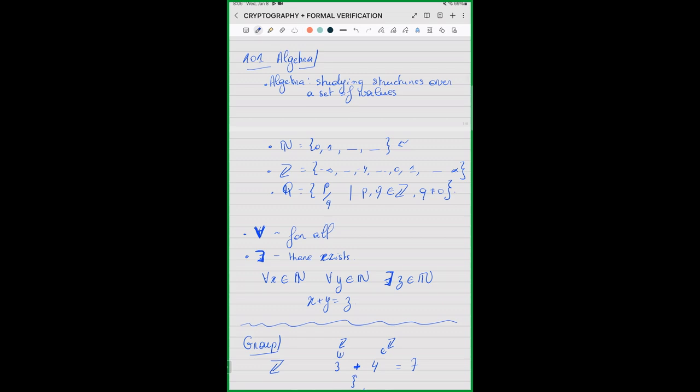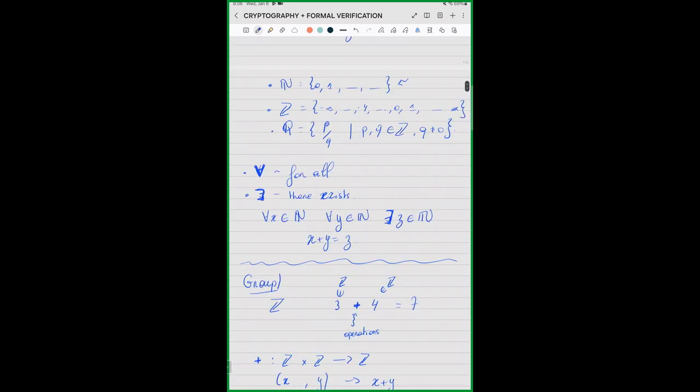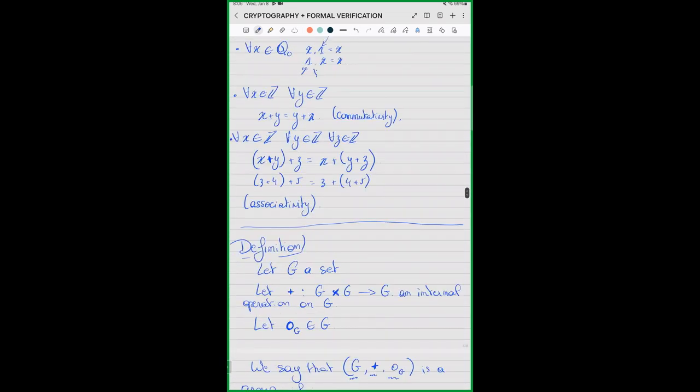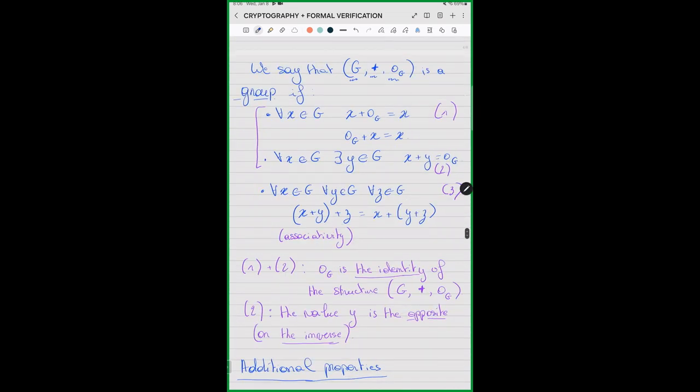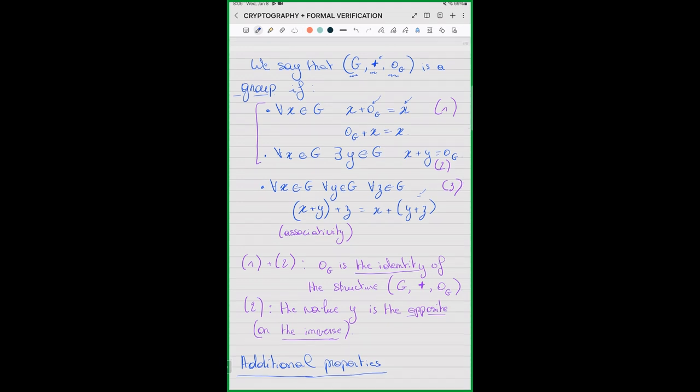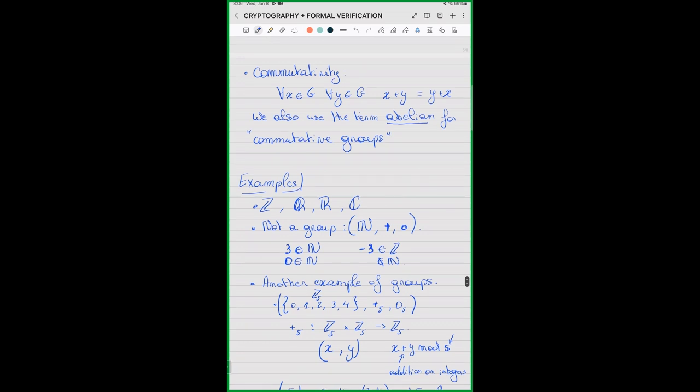Here we added a simple structure, which is the existence of an identity element and the associativity. But we can add even more properties and even more operations. At the moment it's only one operation, and later we're going to add another kind of operation. So let's stop here.